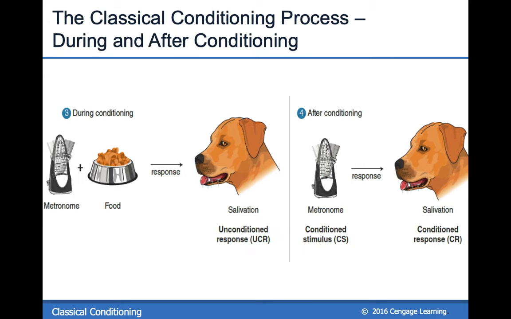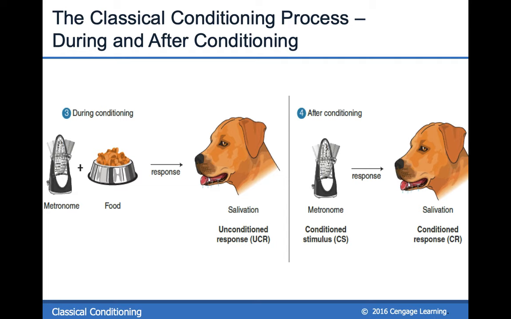Then, as the training part of the experiment, every time he presented the food to the dogs, he also presented them with the metronome. So they would hear and see the metronome when they were receiving food. Of course, the food is producing this unconditioned response of salivation because the dog's hungry. He's going to eat the food. After several times of pairing the food with the metronome, he would remove the food and only play the metronome, and the dogs would salivate.